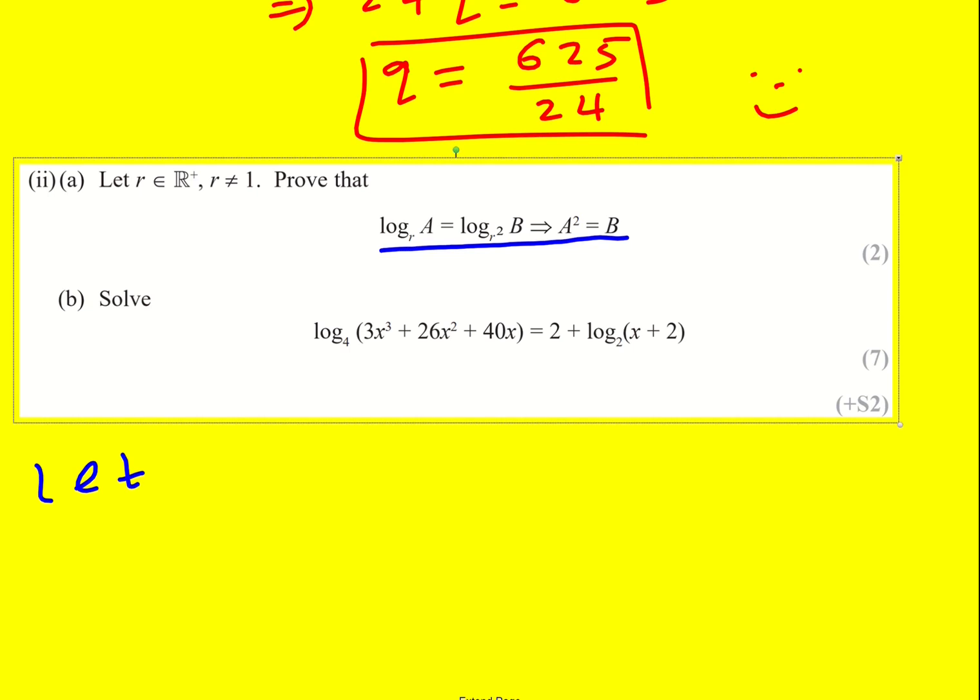So I'm going to take the left-hand side, and I'm going to call it c, and then I can start undoing logs, but I need to call it something first. So let c equal log to base r of a. This implies that r to the c is equal to a.